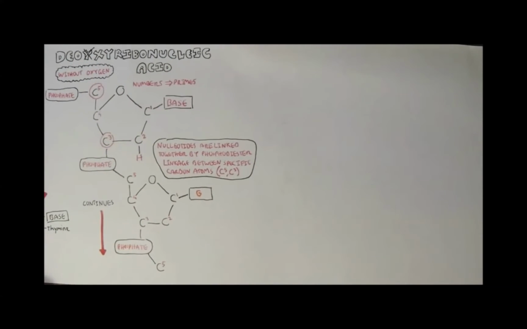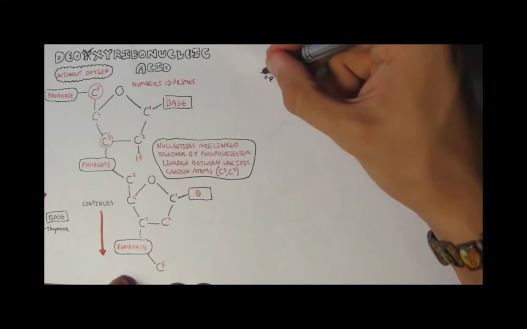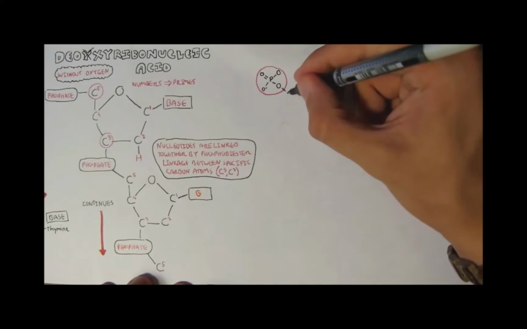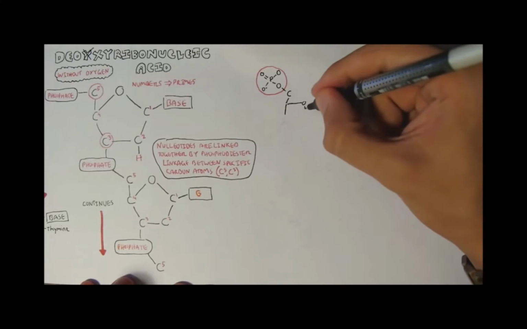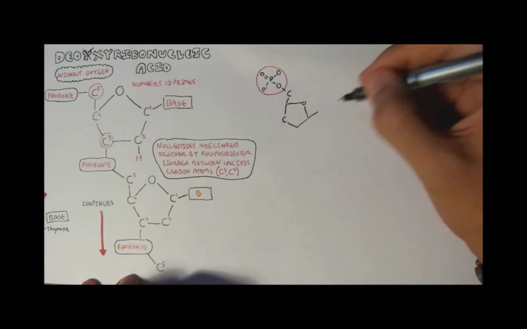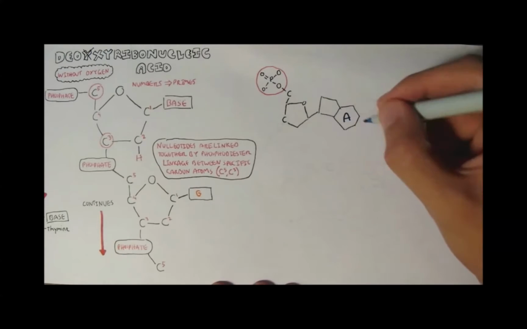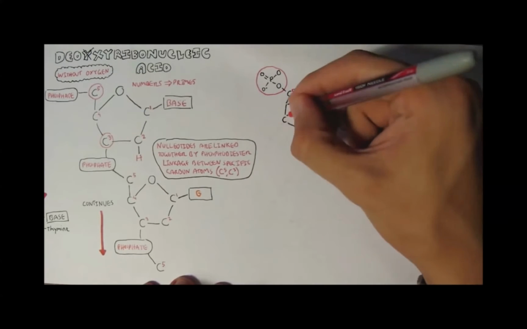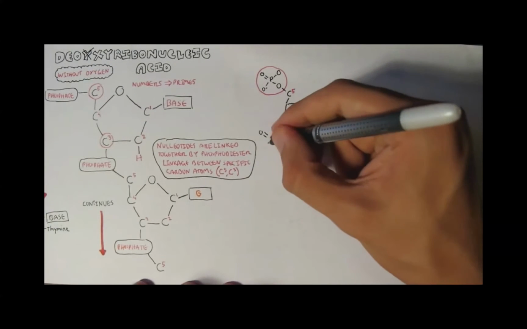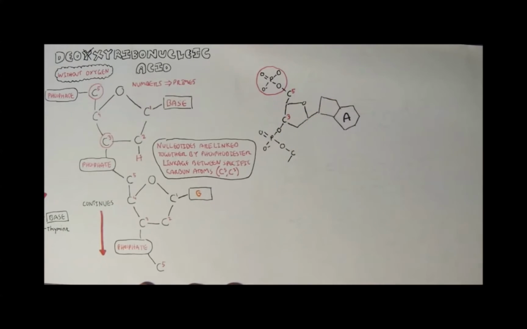Let's take a closer look at this in more detail to get a better understanding. So here we have a phosphate which connects to the 5' of the carbon ring. The carbon ring has an adenine base attached to the 1st prime. This constitutes one nucleotide. The 3rd prime connects to another phosphate group of another nucleotide.